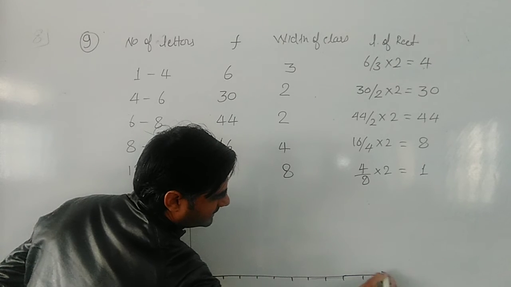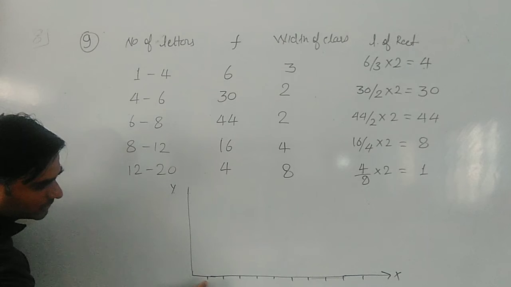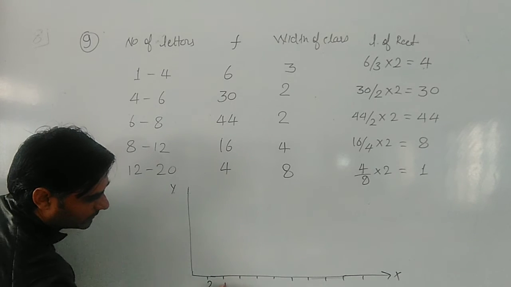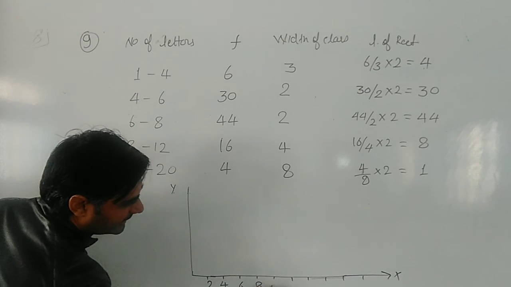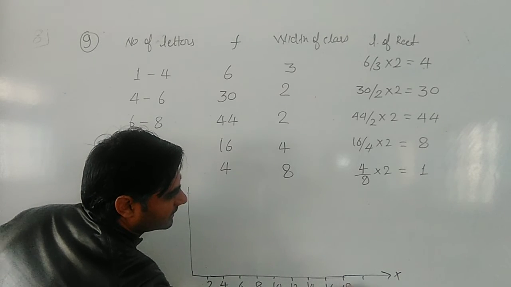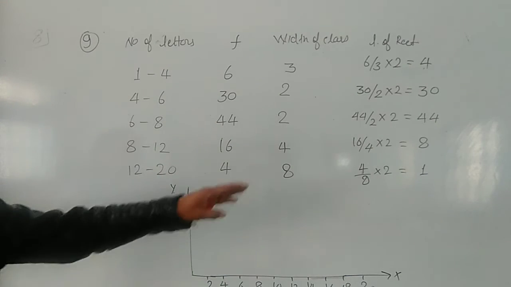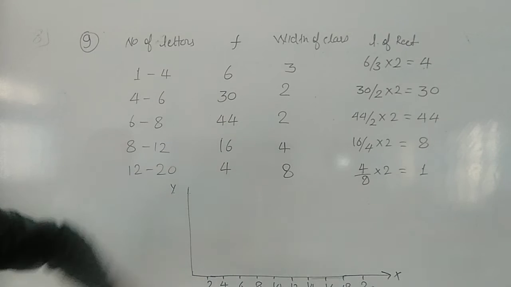Last this one. This is the x-axis and this one is the y-axis. Here this is 0. We will take 2, 4, 6, 8, 10, 12, 14, 16, 18, 20. And here we know these are 8, 44, 30 and 40.